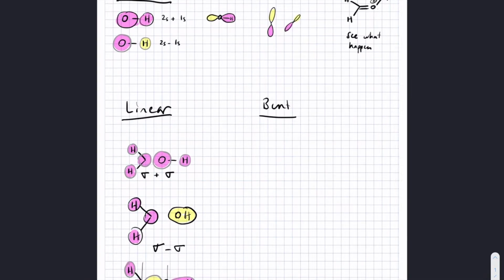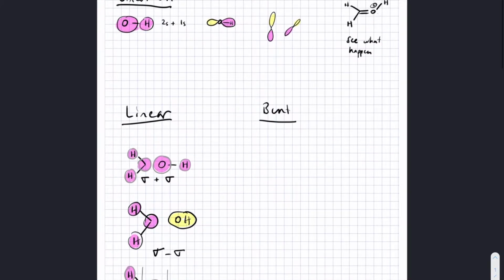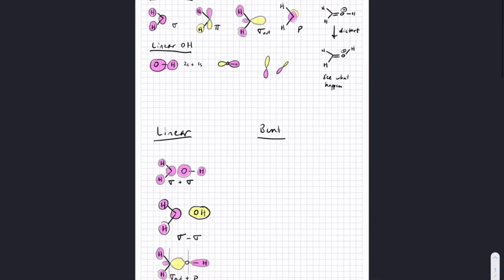I'm going to erase this one since that's an out of phase combination we're not going to use. So we get these two MOs from the combination of this sigma CH3 and this linear sigma OH group.